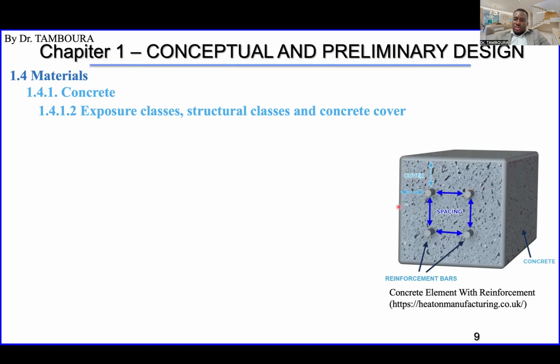Supposing this is a beam or maybe a column, and you have this steel reinforcement, okay. This is your concrete. So the cover is this distance, not from the center, okay, but from the body of this bar to the surface of this beam or element of the structure. This is what we call cover.